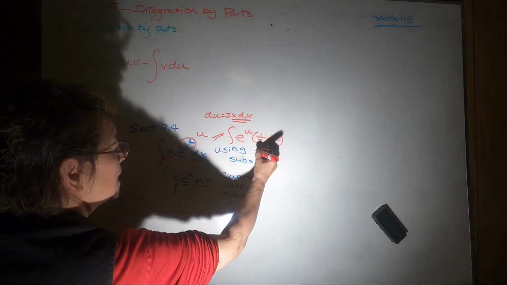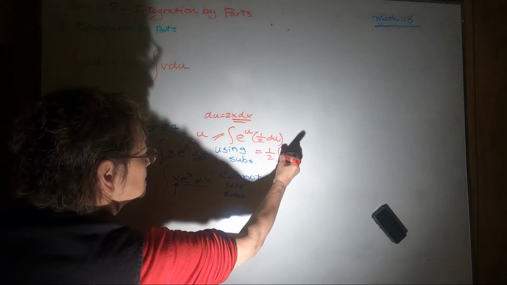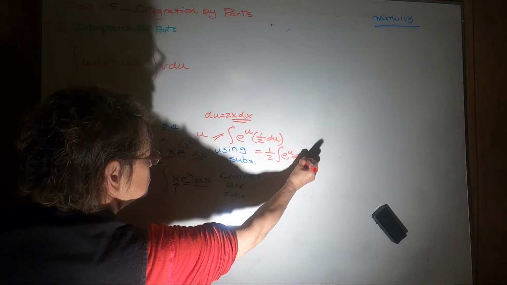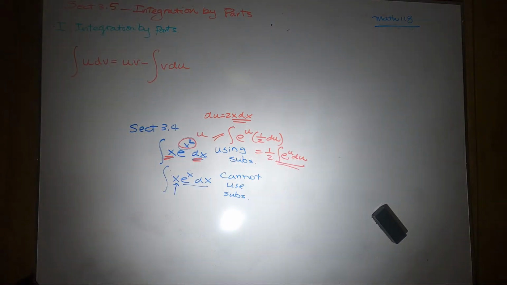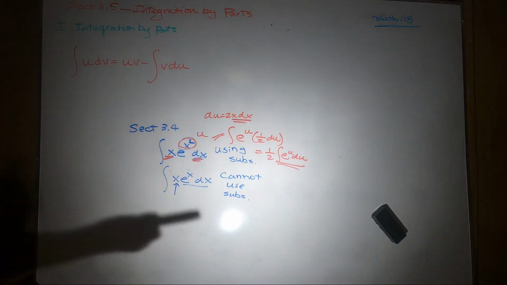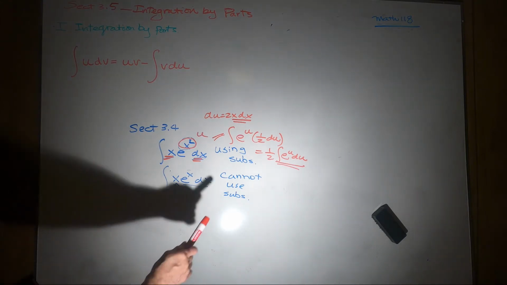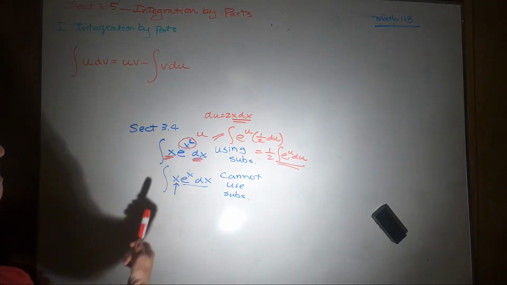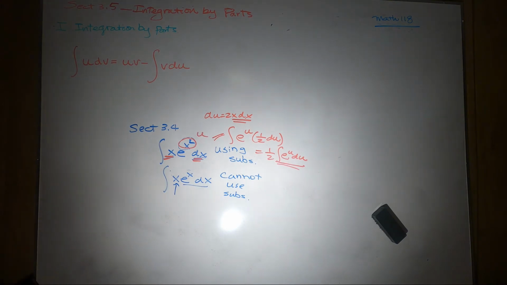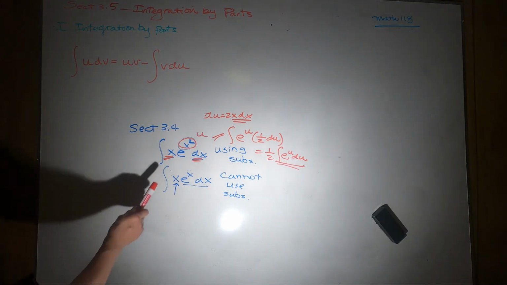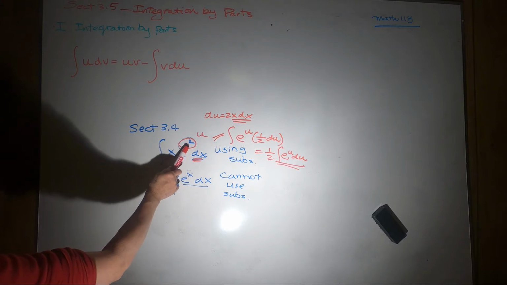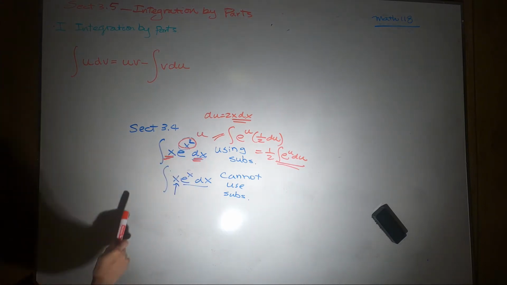Because x dx becomes half of a du. Then what do you have? You have a half e to the u du. Then you can integrate e to the u du by the exponential function rule, right? Because it's a single element, you can do the antiderivative, because this u can take a derivative and become the rest of them.